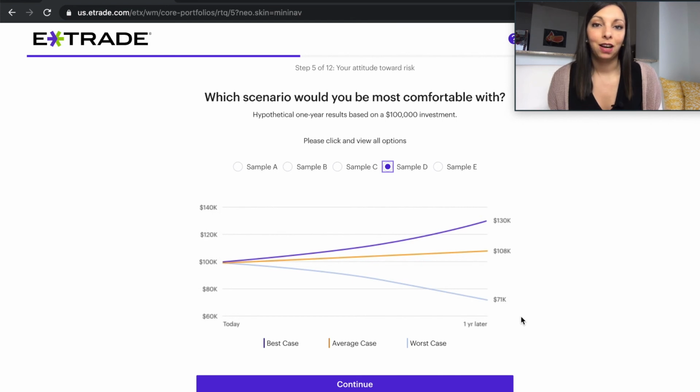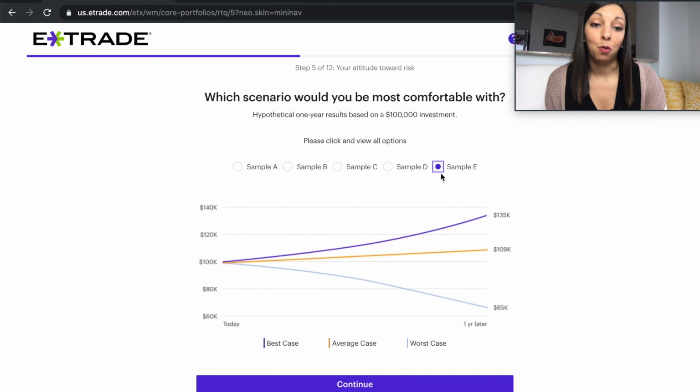If you invested $100,000 and next year it was $71,000, how would you feel? Because looking at the positive side, you can say, oh my God, that would be great. I would love to have $130,000, meaning you made $30,000 in 1 year. But you have to know that the reverse can happen too. If you can gain $30,000, you can also lose $30,000. So pay attention to that.